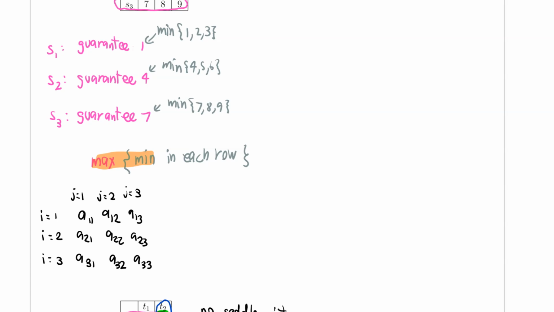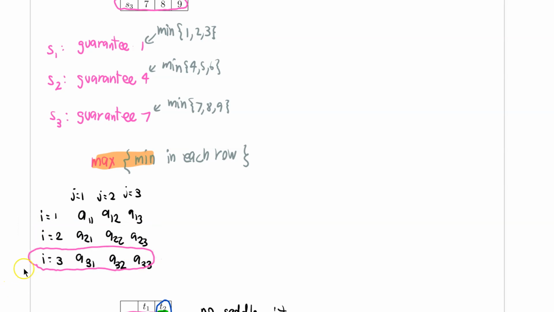So when Alice has to choose between the rows, she fixes I first. She lets I equal 1 and sees the minimum between these 3 entries. She lets I equal 2 and sees the minimum between these 3, and then she lets I equal 3 and looks at the minimum between these 3.